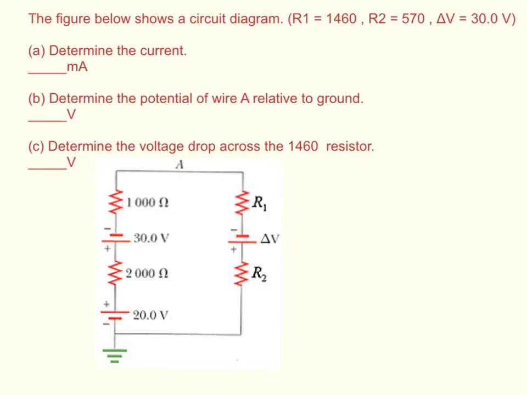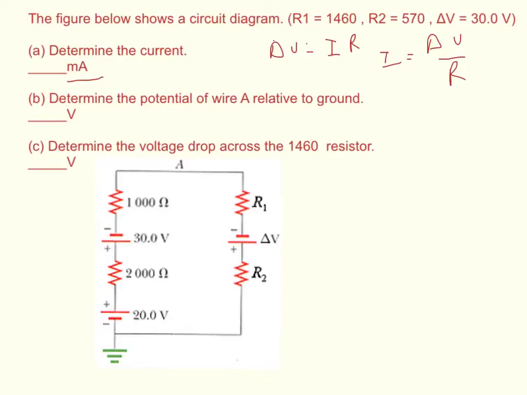Now the standard definition for current, since we're finding the current in milliamps, is that delta V is equal to the current times the resistance. So the current is I equals delta V over R. We have multiple delta V's and multiple R's.